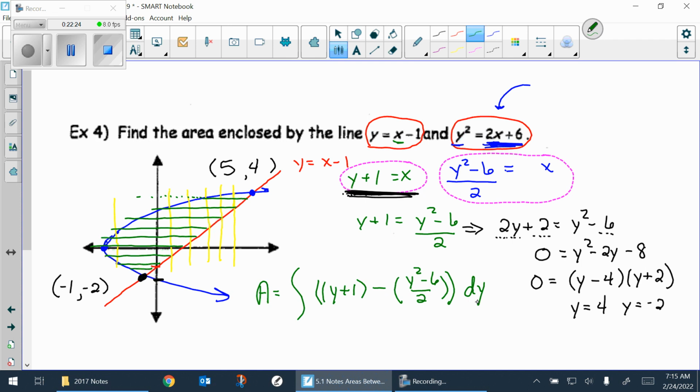What are my lower and upper limits? Well, those have to be y values as well. The y started out at a low value of -2 and ended at a high value of 4. If I put this into my calculator correctly, well, why don't you put it into your calculator correctly? Press pause, come on back when you got an answer, and hopefully your answer is 18.